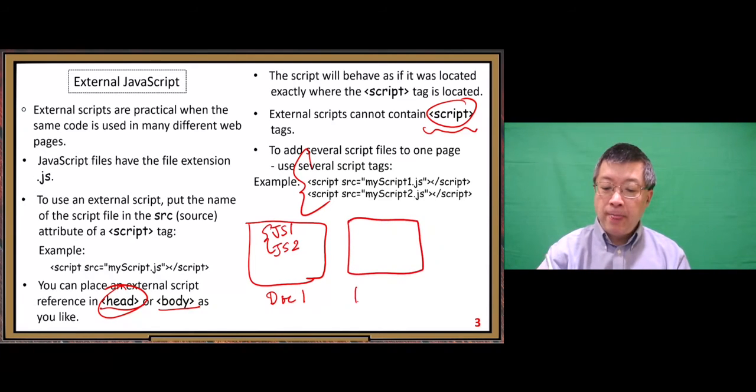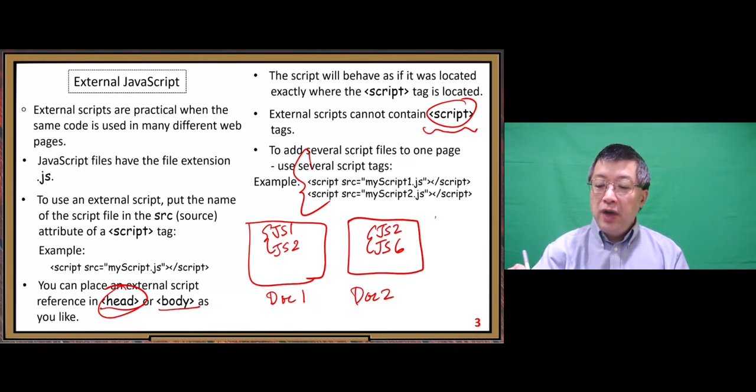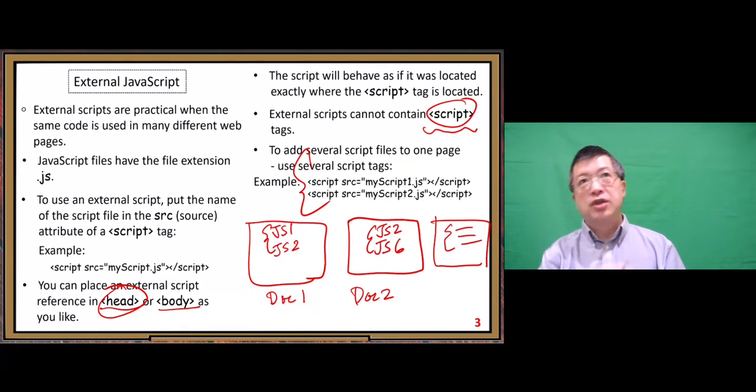Your doc2, you use JS2 and JS6, right? So after you split, then you can load only those external files that you really need.